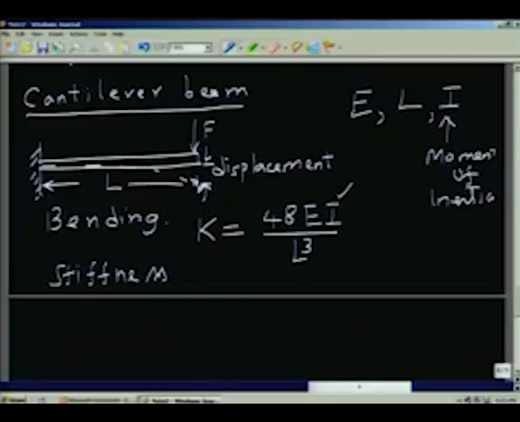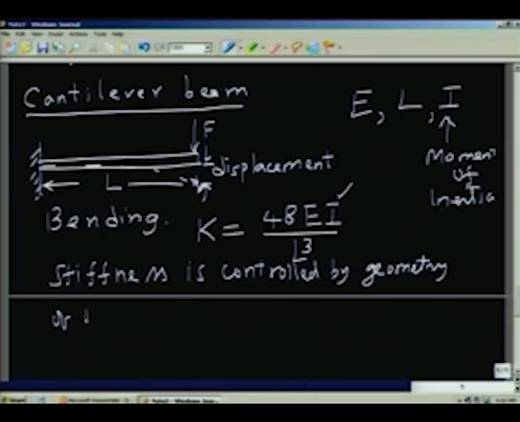Stiffness, when I say stiffness, means a higher spring constant. So, very stiff means the spring constant is large. Stiffness is controlled by the geometric parameters. In fact, it is true in the previous case also, by the geometry of the structural element.